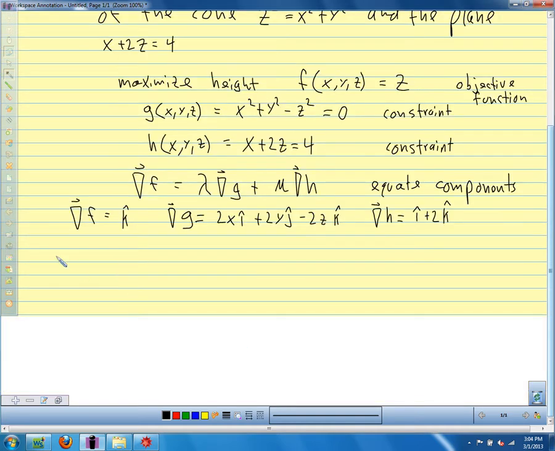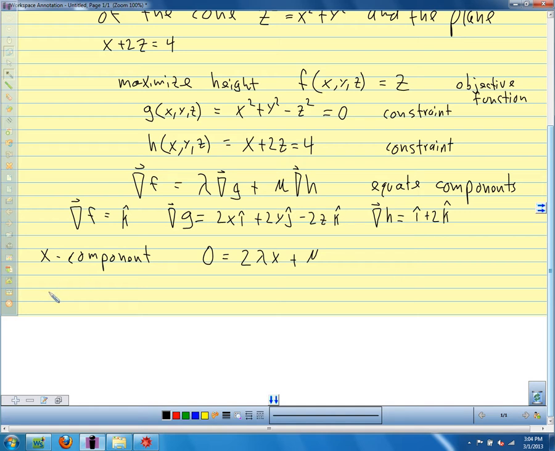So for our x component, the x component of del f is 0, so we have 0 equals 2 lambda x plus mu. The x component of del g is 2x, and the x component of our second constraint is just 1.